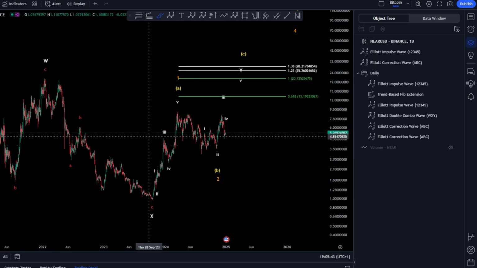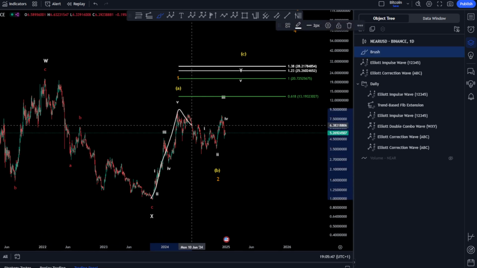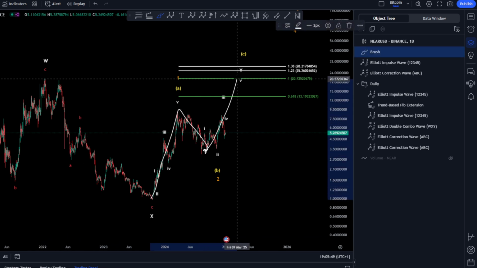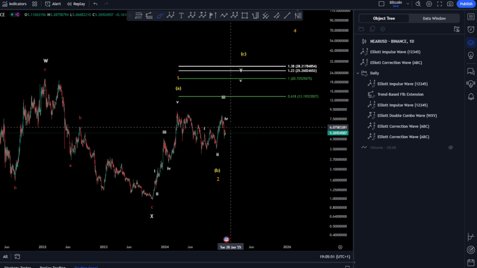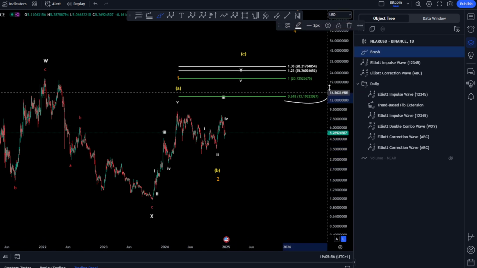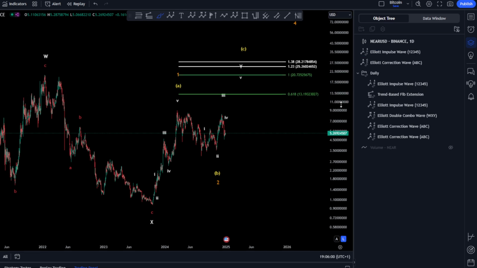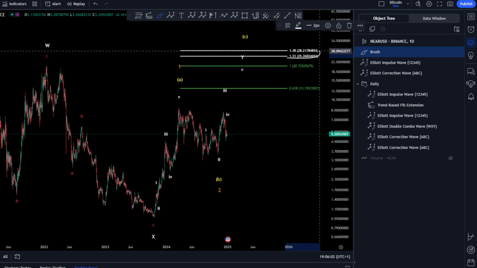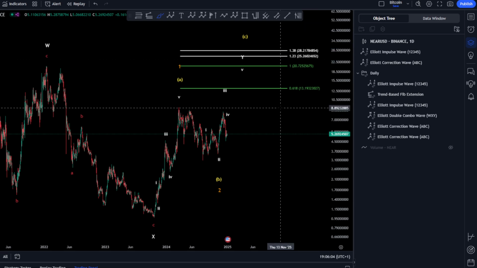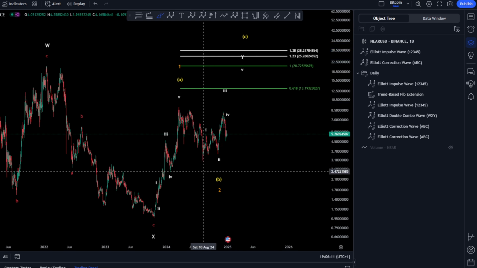So it can be a triple zigzag structure, WXY, having an impulse and a correction, and then an impulse for a wave C. Your WXY target is preferably between the 0.618 and the 1-to-1 fib level, the green box that we are looking at there. Uncommon targets can be hit at the 1.23 and 1.38 fib levels, for $25 and almost $28.